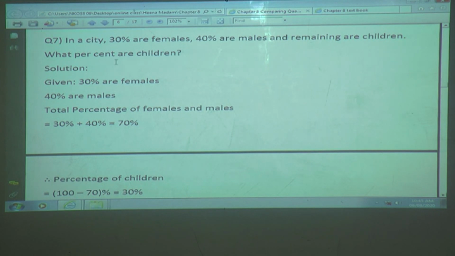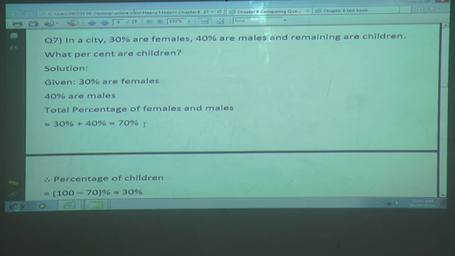So what is given, we will read the question and jot it down. Here 30% are female, which is given in the question, 40% are males, and the total percent of female and male together is 30% plus 40%, which is 70%. You know always when it is a percentage, we have to consider out of 100.